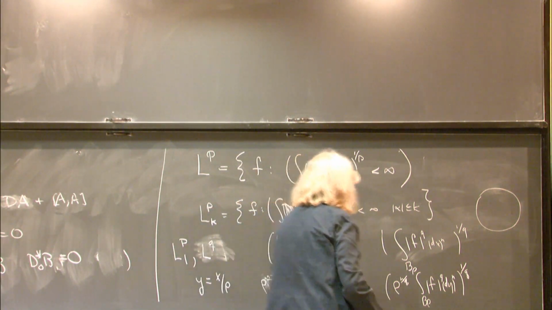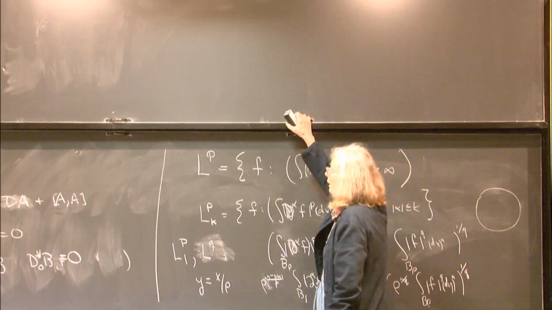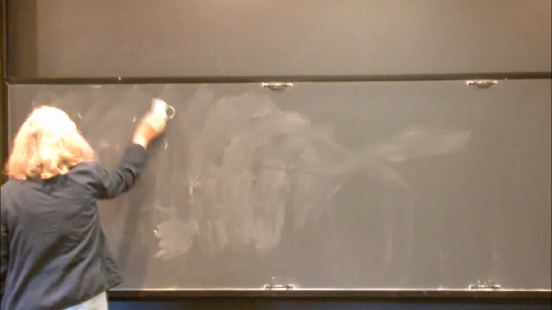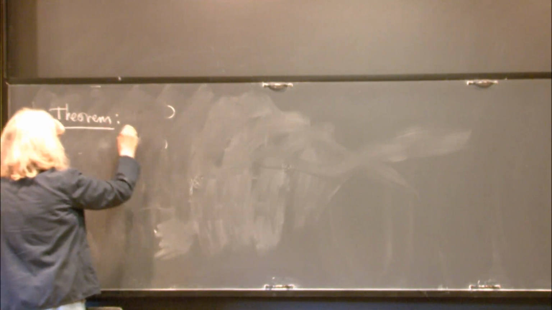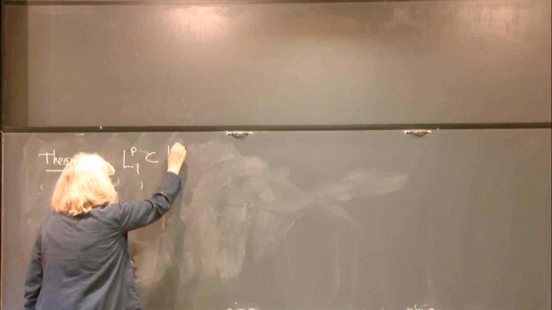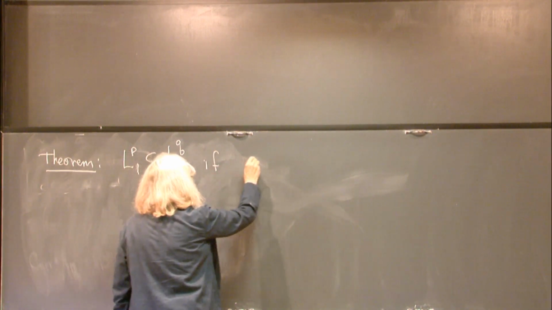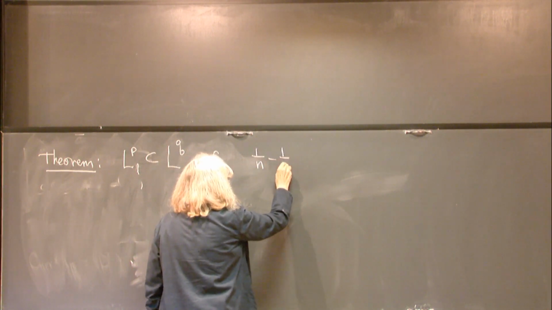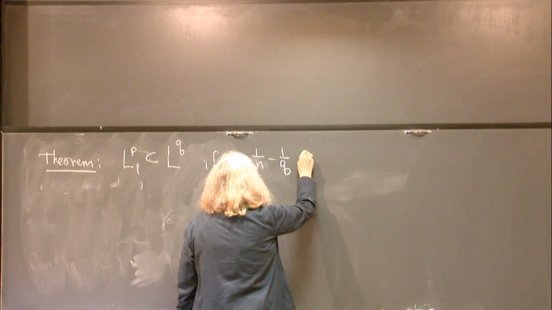So the theorem is that L^{p}, you can iterate it, is in L^{q}, if 1 over n minus 1 over q is less than 1 over p.